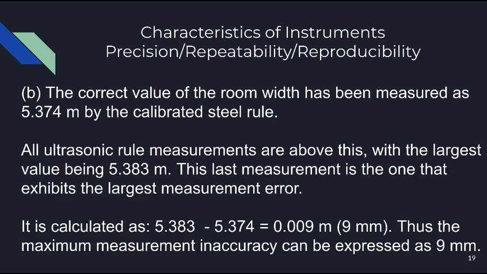It is calculated as 5.383 minus 5.374, which equals 0.009 meters or 9 millimeters. Thus, the maximum measurement inaccuracy can be expressed as 9 millimeters. This example illustrates quite nicely that although the ultrasonic rule has fairly high precision, its actual measurement inaccuracy is substantially inferior.